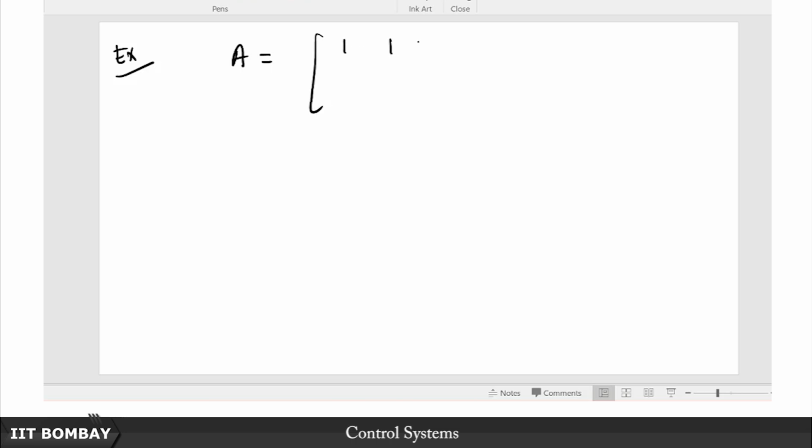So we have this matrix 1 1 2, 0 1 3, and so on. I am deliberately choosing a triangular matrix because in that case the evaluation of the eigenvalues is pretty simple.